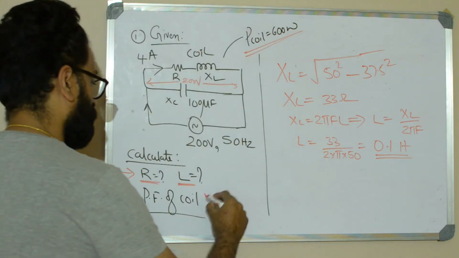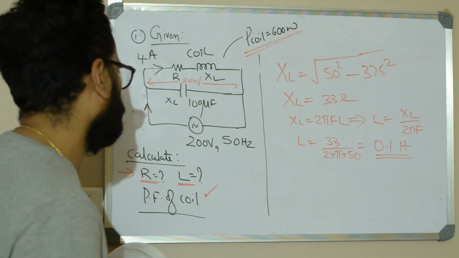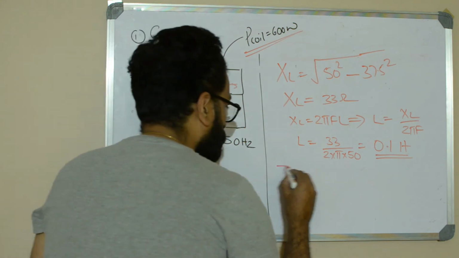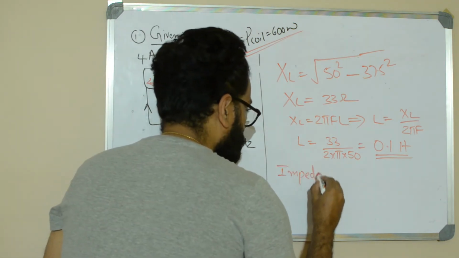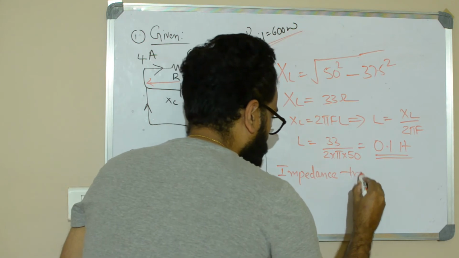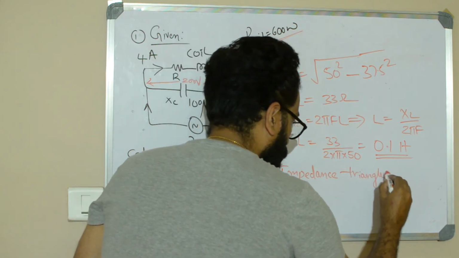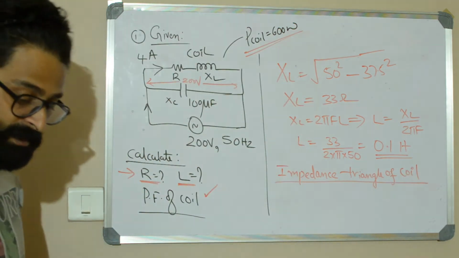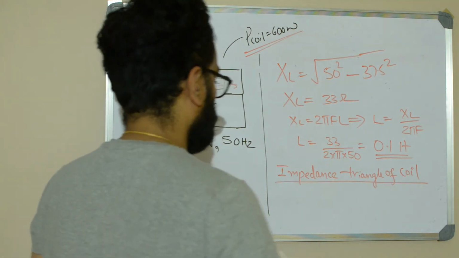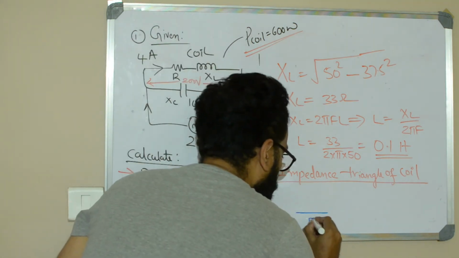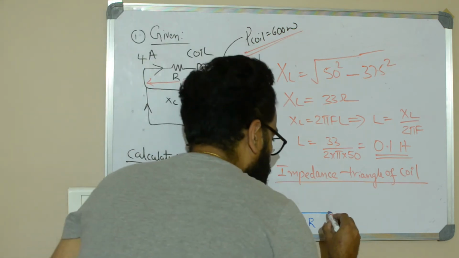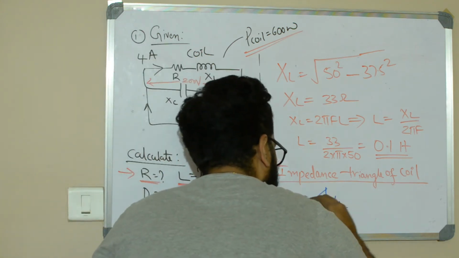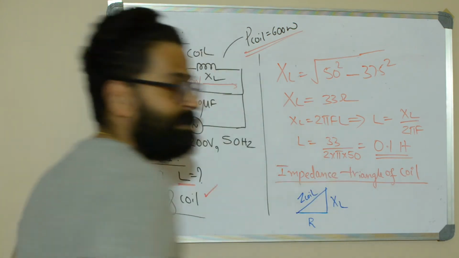The second part is the power factor of the coil. To find the power factor of the coil, you can draw the impedance triangle of the coil. For the impedance triangle, you take R as the adjacent side, XL as the opposite side, and Z coil as the resultant.